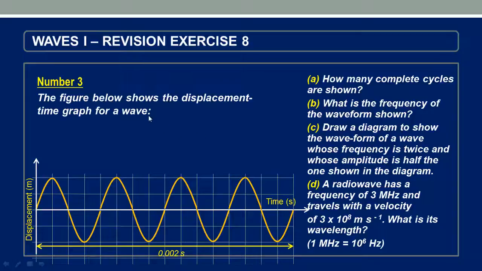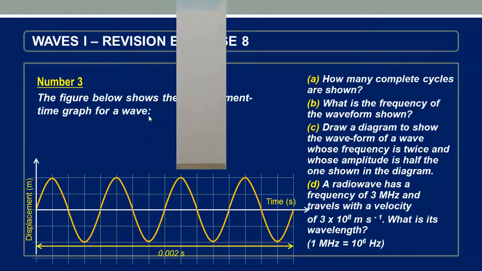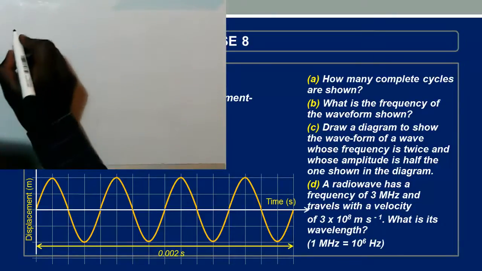So in question 3, we are told that the figure below shows the displacement time graph for a wave. On the y-axis, we've got displacement, and along the x-axis, we've got time. So let's draw a sketch of this graph because we might need it later.